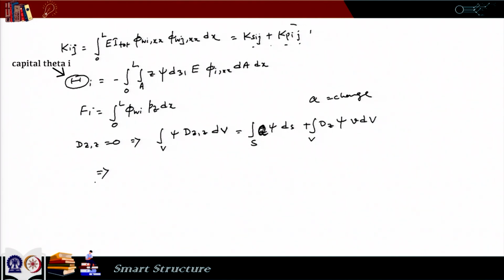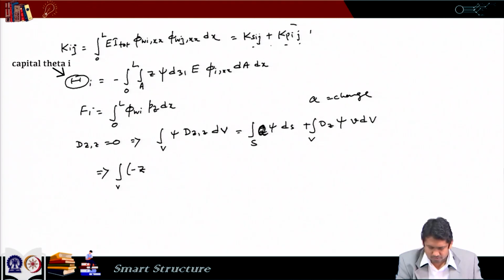So, now this term can be written as, we can sum it over.